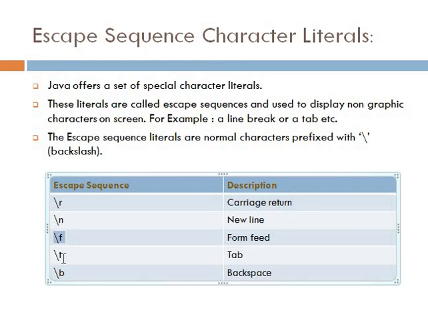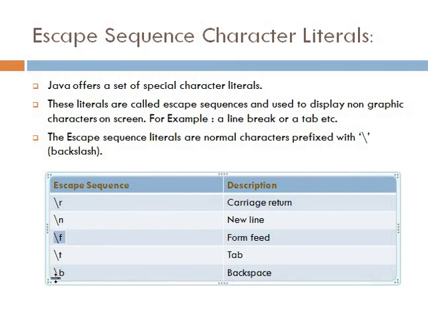Then come to the next escape sequence, which is \t. It stands for tab. Tab represents a group of 5 white spaces. That means if you put 5 white spaces together, that is equivalent to a tab space.